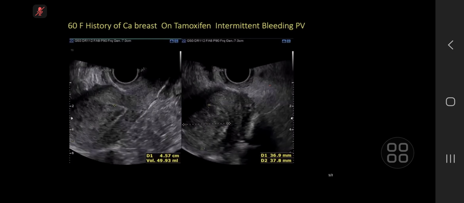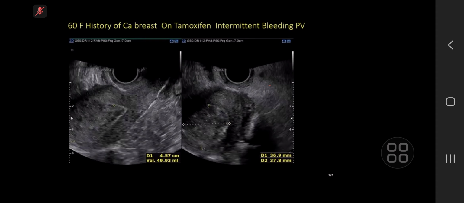On these selected transvaginal ultrasound images for a 60-year-old patient on tamoxifen, I think there is a large rounded heterogeneous lesion, which I believe is within the endometrial cavity.